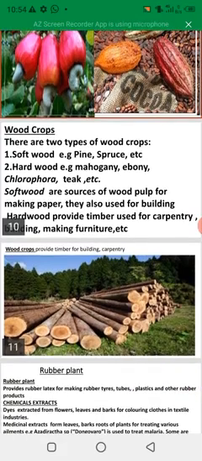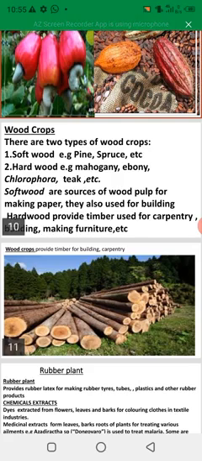Then the wood crops. There are two types of wood crops. Number one, softwood. These are the pines, spruce, for example. And the second one is hardwood. Examples are mahogany, ebony. We also have obeche and others.